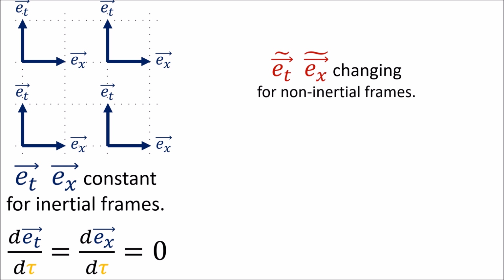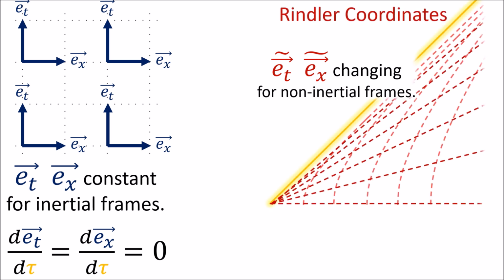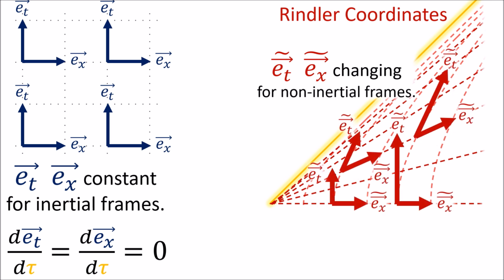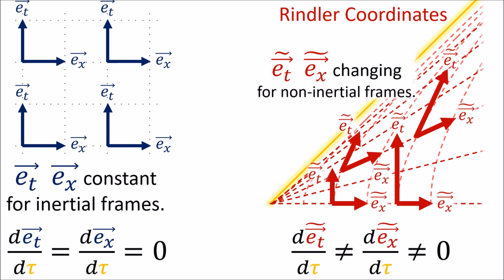However, in non-inertial frames of reference, the basis vectors are changing everywhere in spacetime. In the past couple videos, we've seen that in Rindler coordinates, basis vectors can change size and direction at different points in spacetime. This means that if we need to take the derivative of a 4 vector in Rindler coordinates or other non-inertial coordinate systems, the derivatives of the basis vectors could be non-zero, so we can't ignore basis vector derivatives.